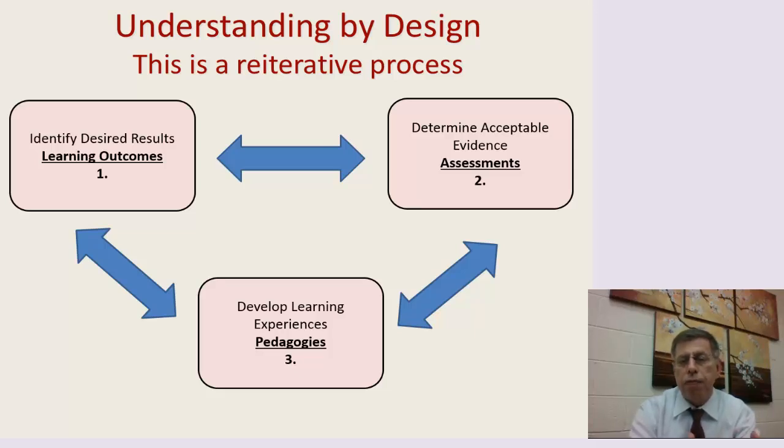Again, it's a reiterative process because often we will need to tweak or change a learning outcome, our assessment piece, or our pedagogies. And so these evolve to make sure there is better alignment, and as one changes, the others may very well need to change.